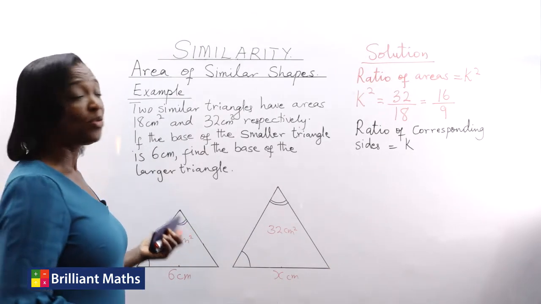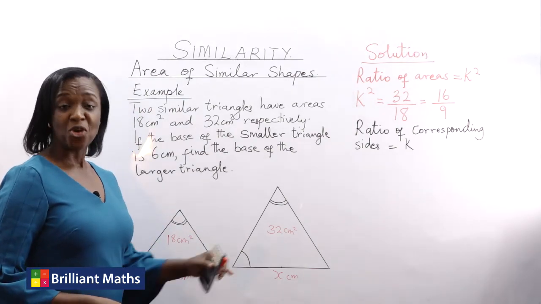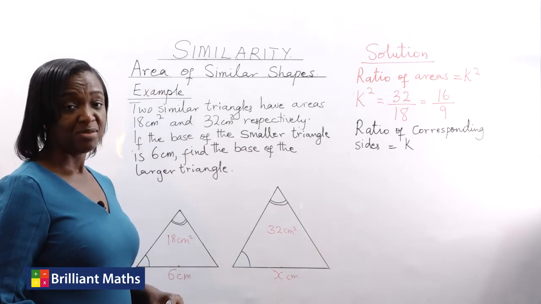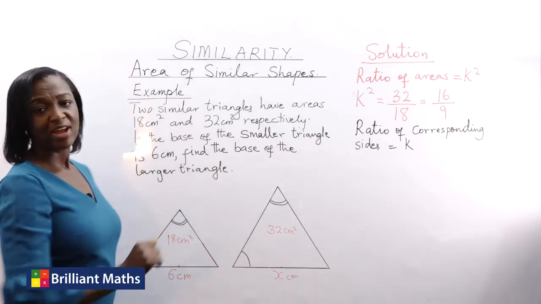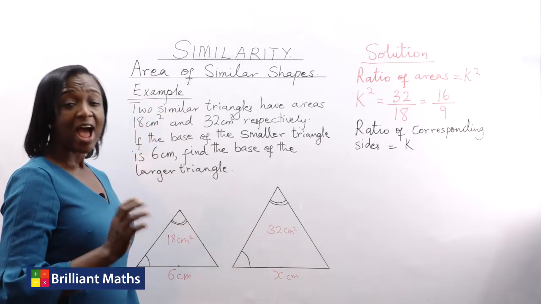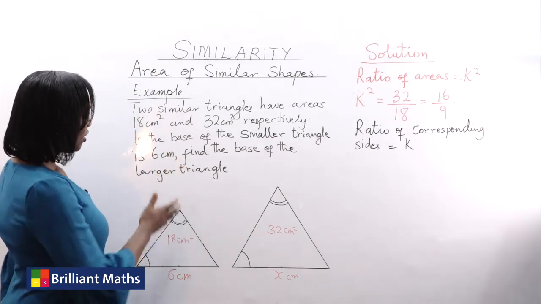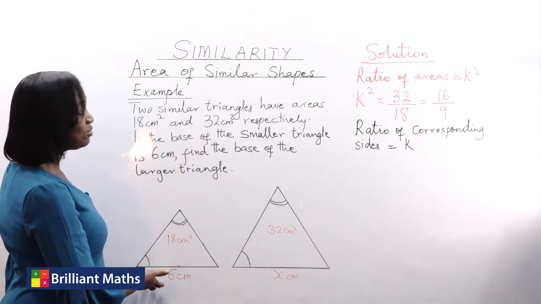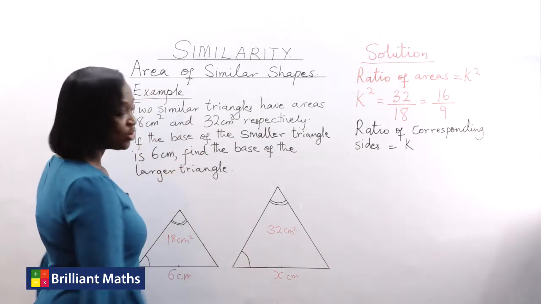In this example, we want to find the length of X, knowing the area of the two triangles that are similar. So let's go. Example: two similar triangles have areas 18 centimeters squared and 32 centimeters squared, respectively. If the base of the smaller triangle is 6 centimeters, find the base of the larger triangle.